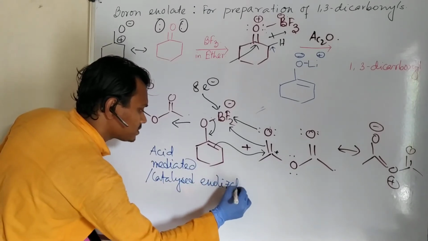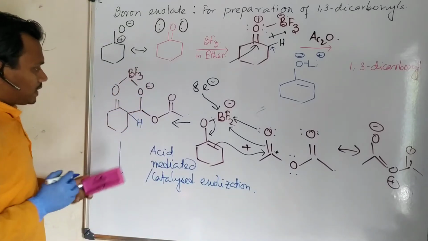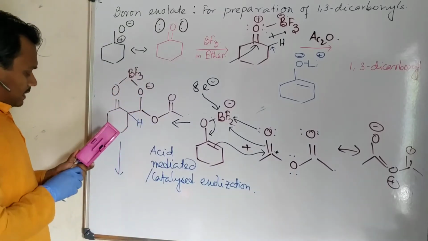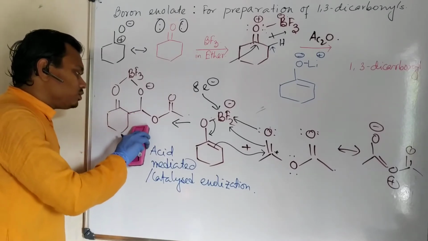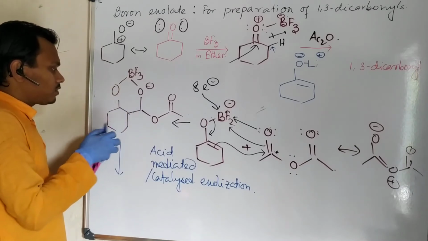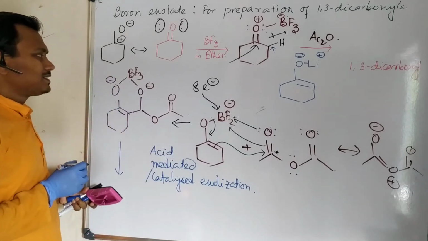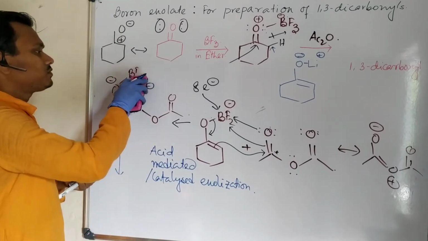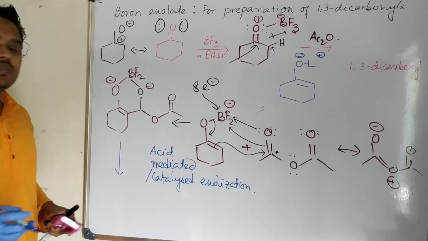What is the benefit? This hydrogen will be eliminated, and consequently it will result in enol formation, this. Then it will be again O minus. Sorry, it should not be BF3, it should be BF2. So again the enol is formed.